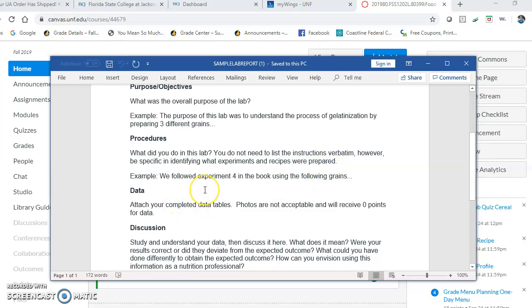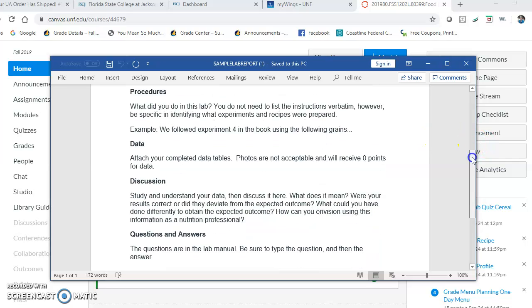For example, you followed experiment 4 in the lab manual using the following grains. We prepared the peanut butter chocolate chip cookie recipe. What did you exactly do in this lab?